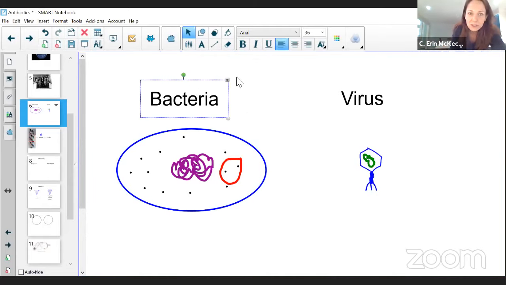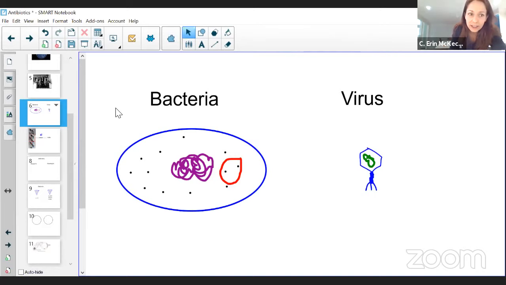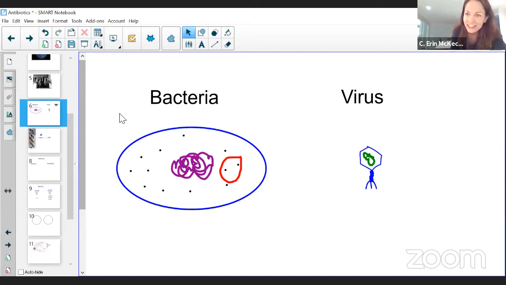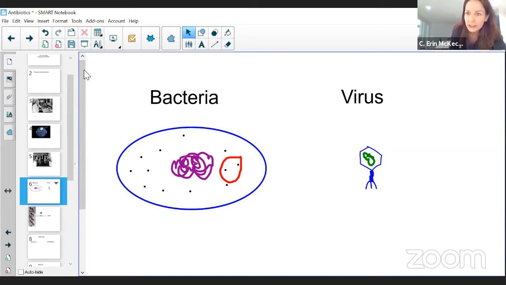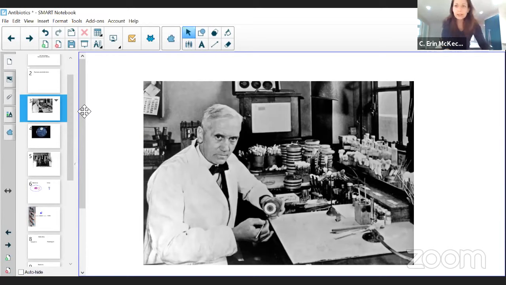In our research and in our work with bacteria, let's come back to our original picture over here. Scientists are fascinated with how viruses and bacteria function. I mentioned Alexander Fleming to you before because he is a scientist who was studying bacteria, and he wanted to know how we could help people who had bacterial infections.